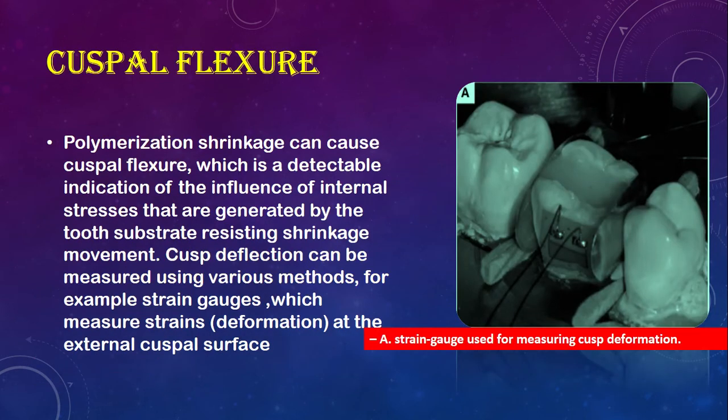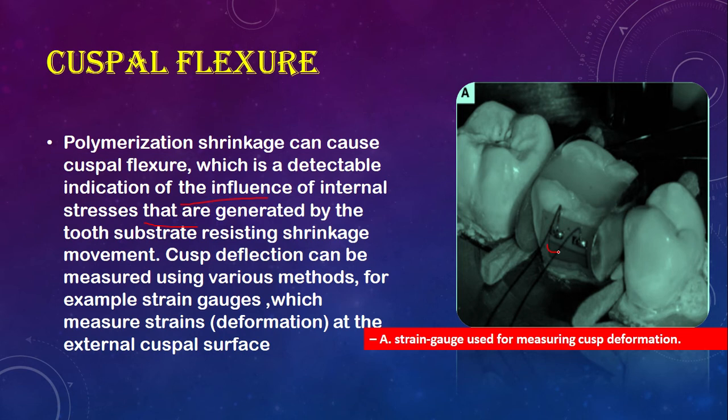Next is the cuspal flexure. Polymerization shrinkage can cause cuspal flexure, and obviously this cuspal flexure is a detectable indication of the influence of the internal stresses that are generated by the tooth substrate in order to resist the shrinkage movement.